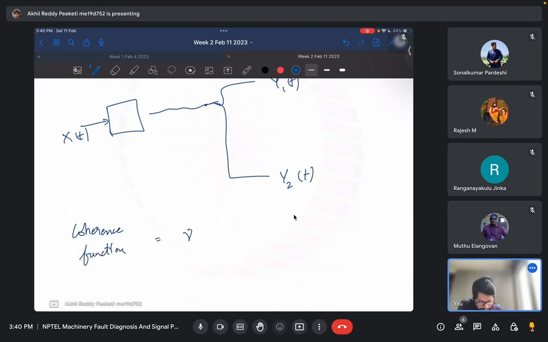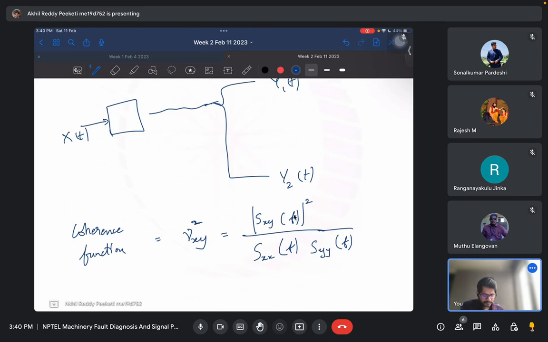Coherence function is denoted this way, gamma xy squared. You notice the terms here. So this is the cross power spectrum, and these are the two auto power spectrums, right?